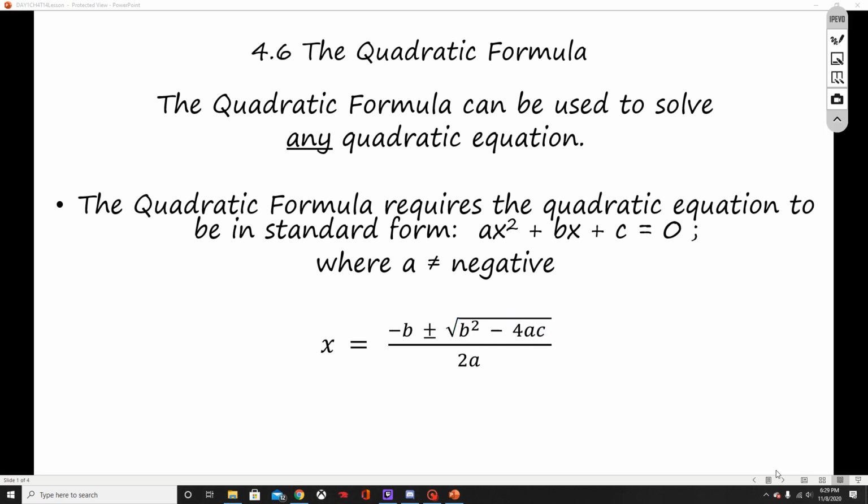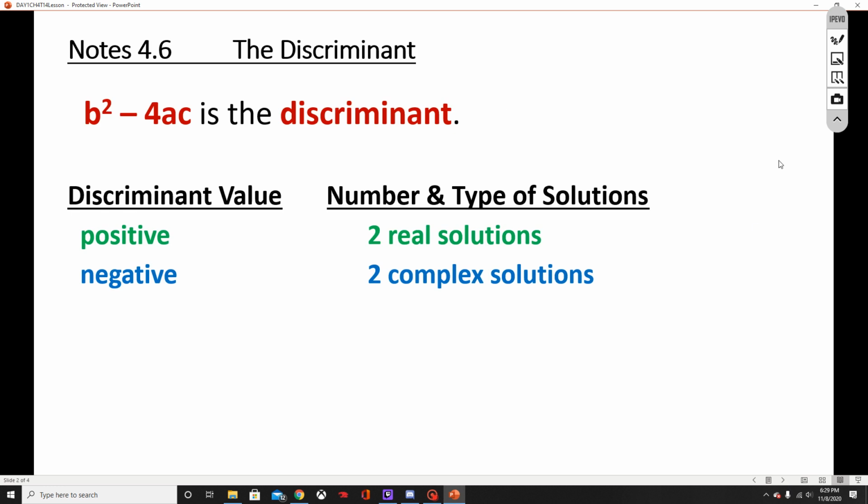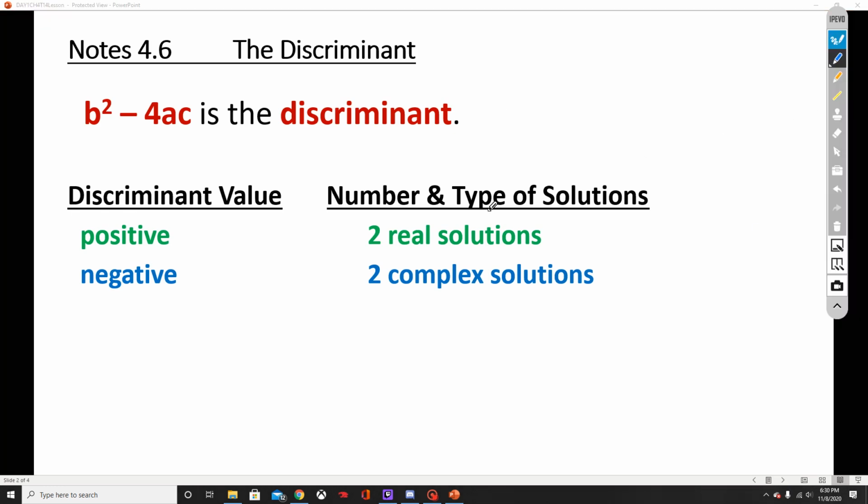The reason that it's important is because it tells us how many solutions we have. If that b squared minus 4ac, that value that's underneath the square root symbol, is positive, then we have two real solutions.